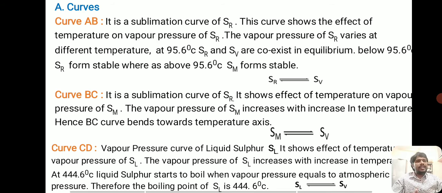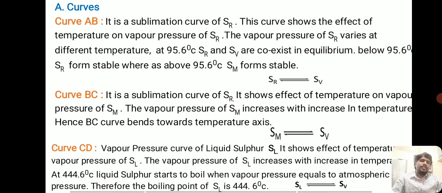Below 95.6 degrees Celsius, rhombic sulfur is stable, whereas above 95.6 degrees Celsius, monoclinic sulfur is stable. So in this curve, two phases coexist, that is rhombic sulfur and sulfur vapor.